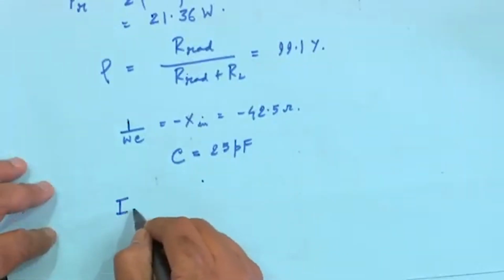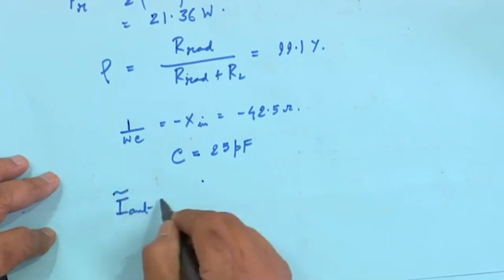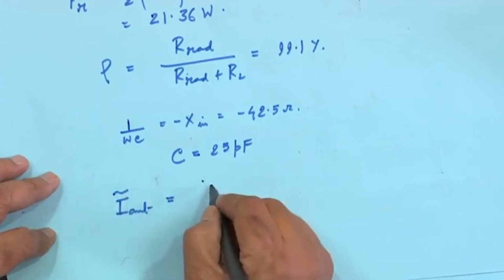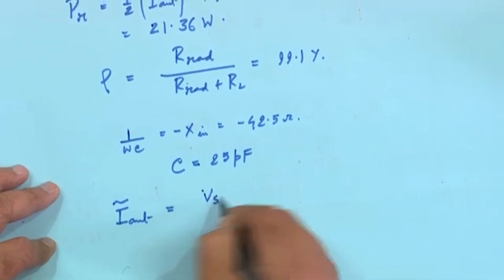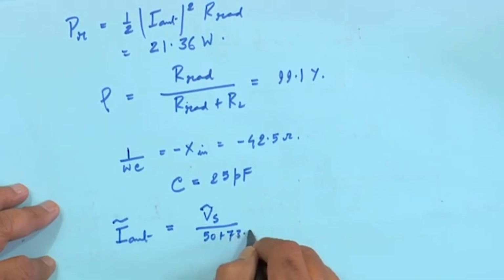So, what will become I antenna we need to do. So, I antenna again if we recalculate, it will be V_s by 50 plus 73.63.